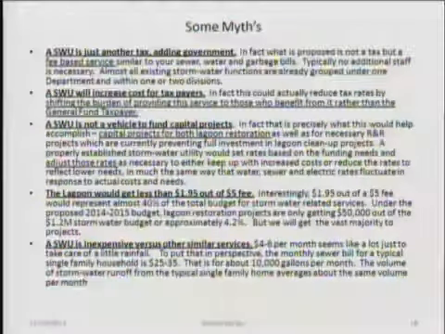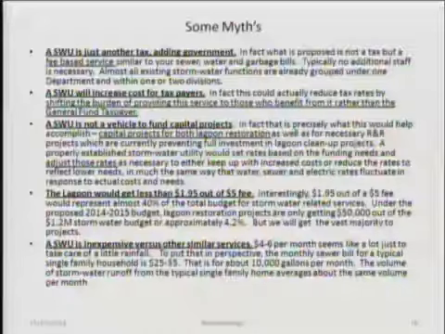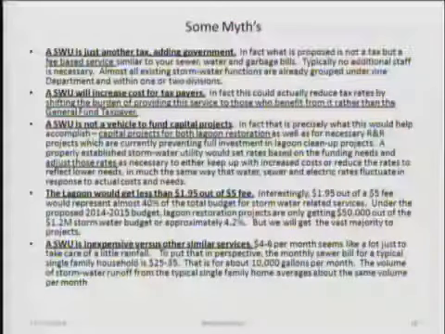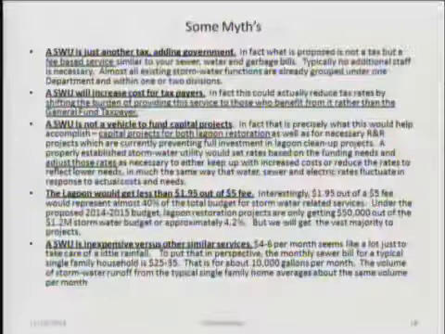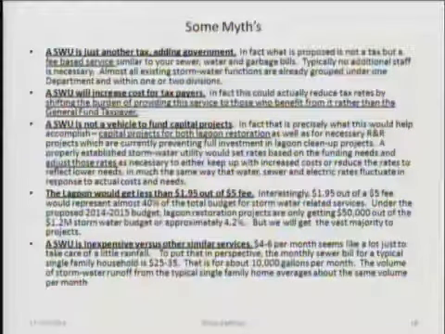Stormwater utilities is inexpensive versus other similar activities. That's a truth, not a non-truth. Four to six months seems like a lot just to take care of a little rainfall. That's the myth. To put that in perspective, the monthly sewer bill for a typical single-family house is $25 to $35. That's for about 10,000 gallons per month.